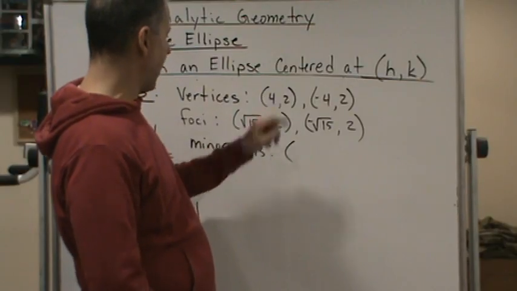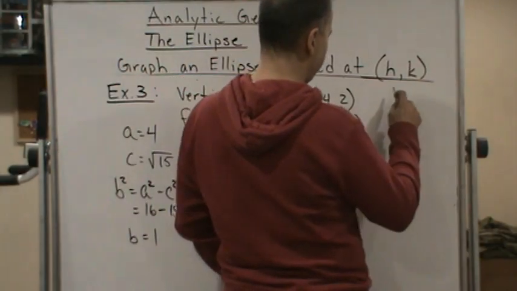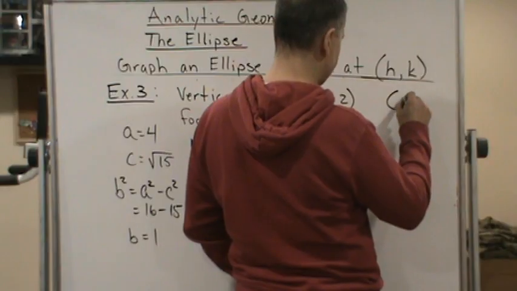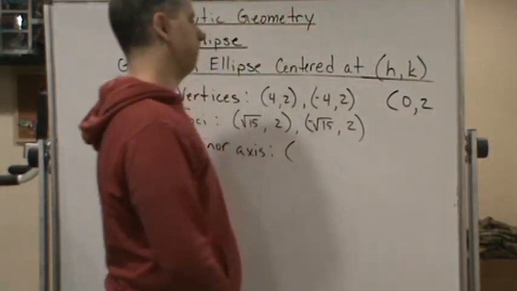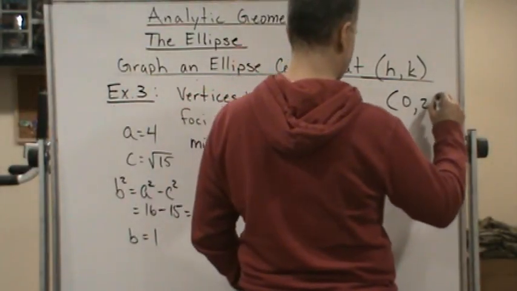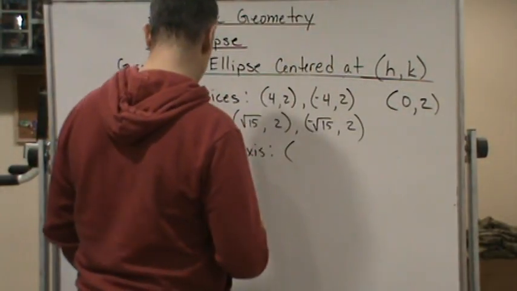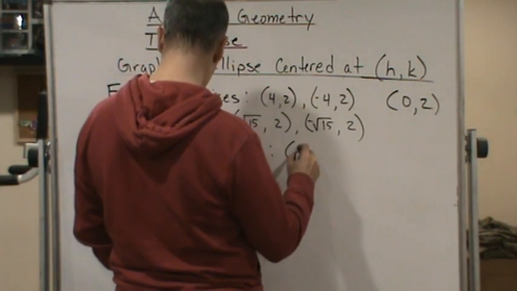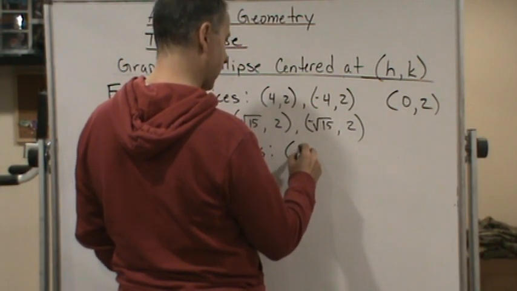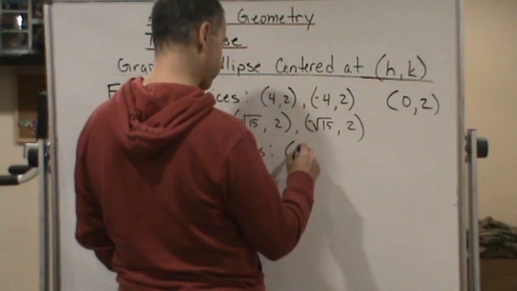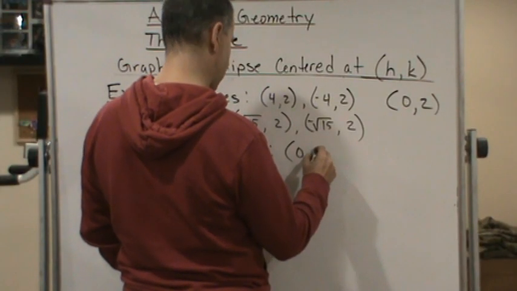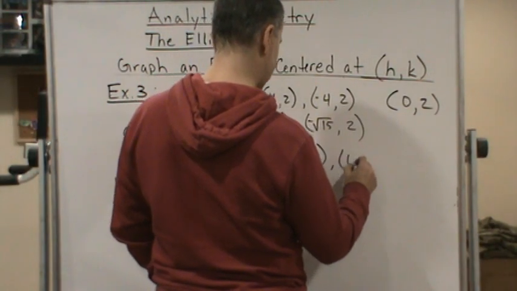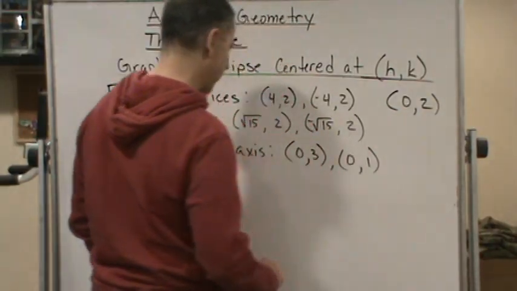The center is going to be at 0, 2. And so the minor axis endpoints are going to be at 0, comma 1, and 0, comma 3.